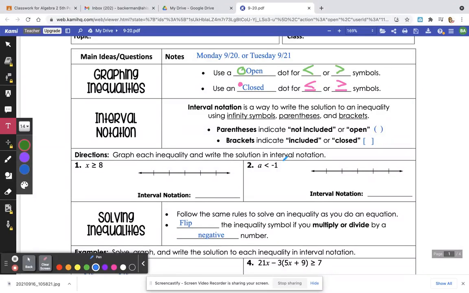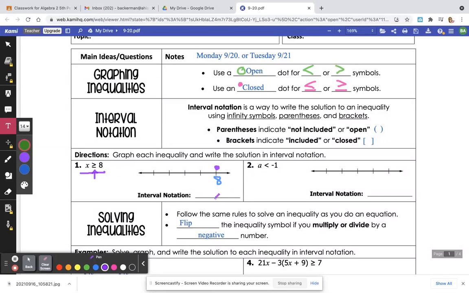So let's do number 1, for example. Let's say 8 is here, okay? In this case, number 1 is telling us that x is greater than or equal to 8. On the number line, because there's this equal part underneath, we're going to have a closed or solid dot.